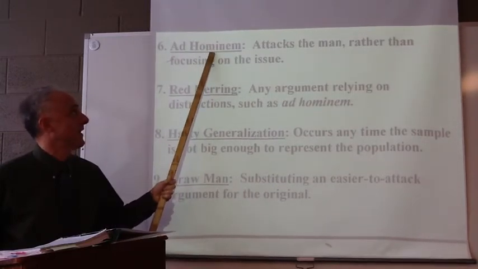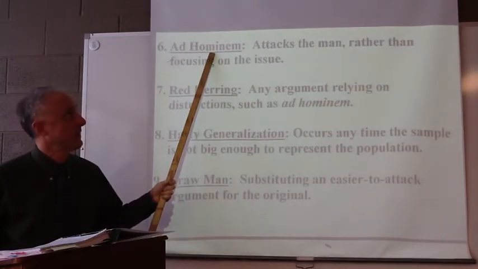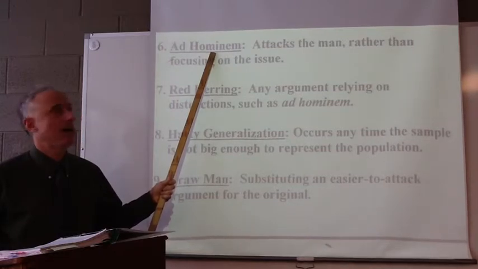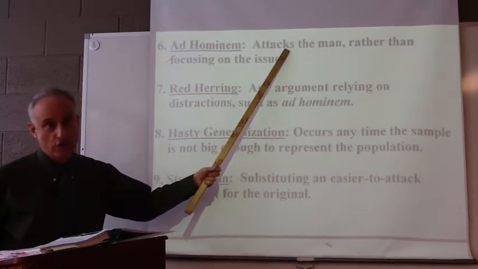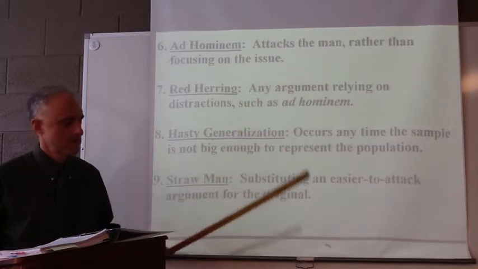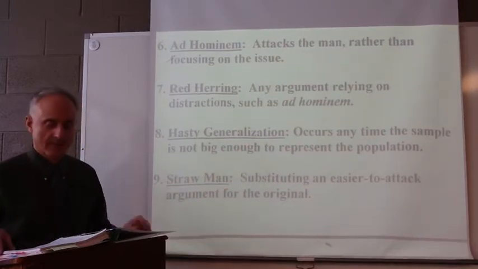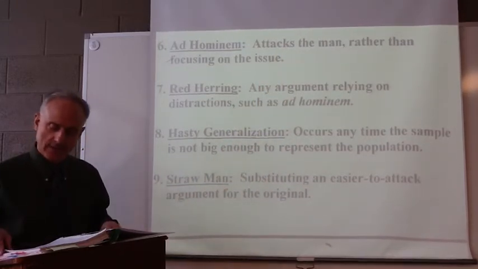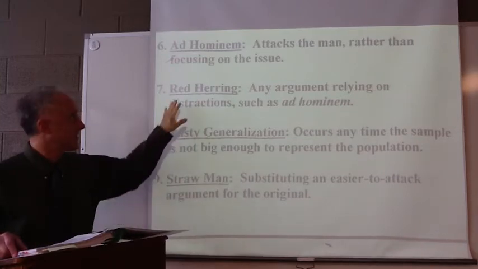This is a specific type, ad hominem. You're distracting from the argument by attacking a certain person, right? So let's see if I have an example of both of those, right? First of all, this one, red herring.